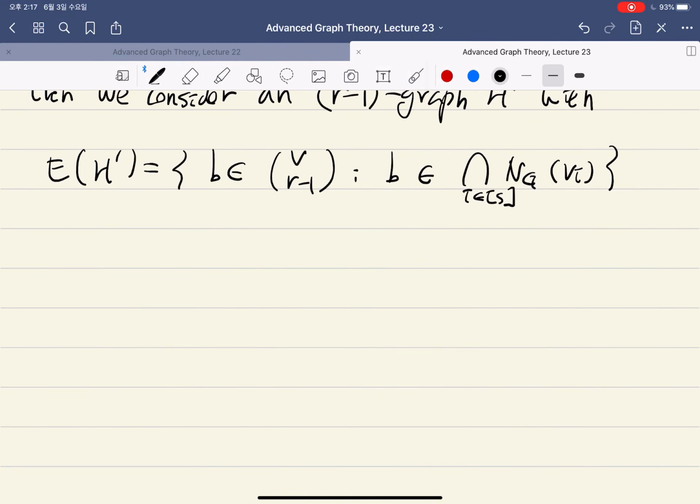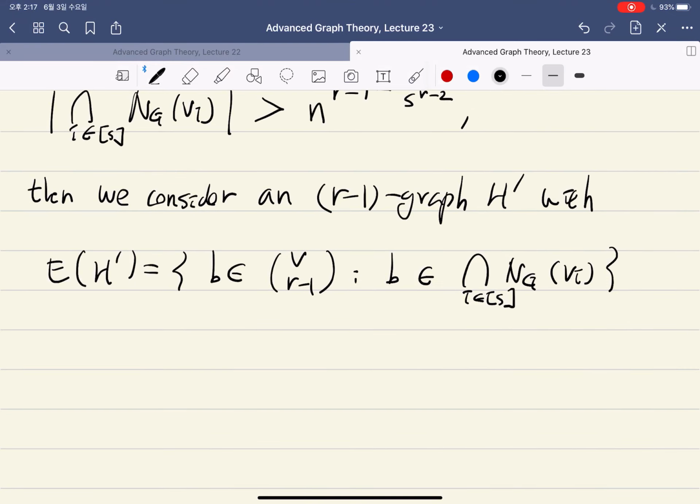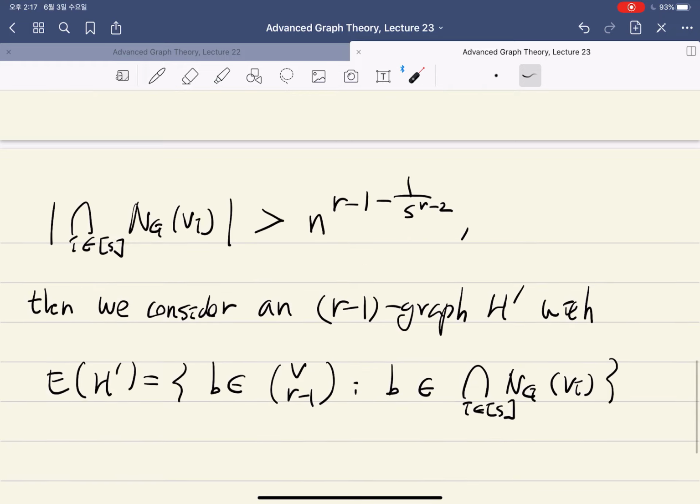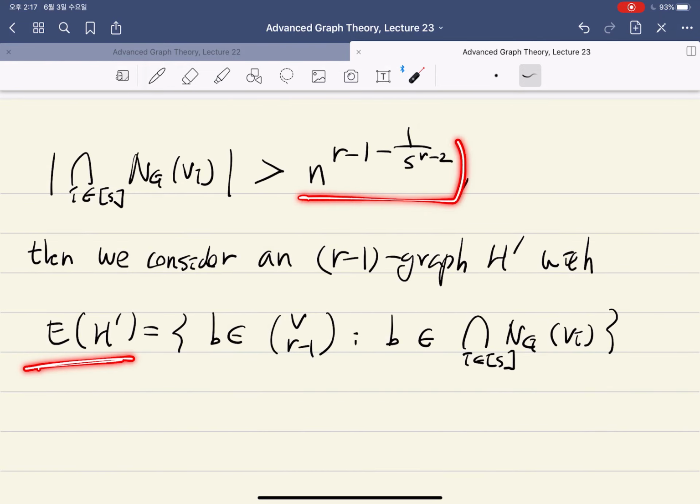So it forms an R minus 1 uniform hypergraph with how many edges? More than this many edges.